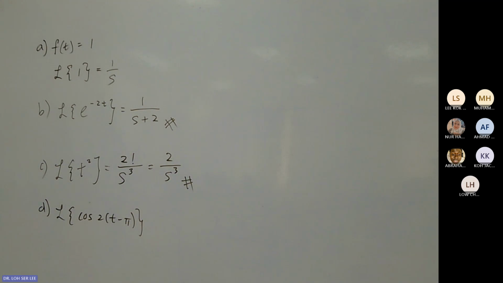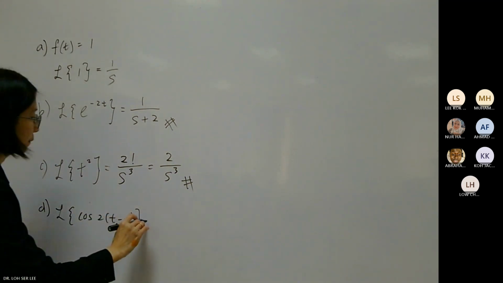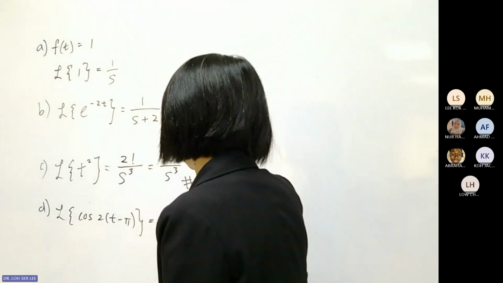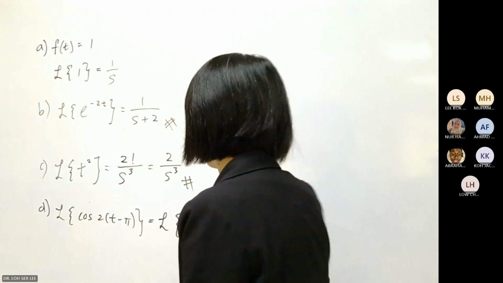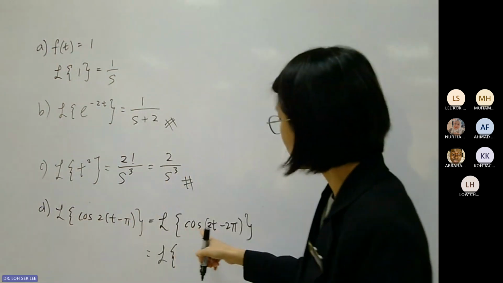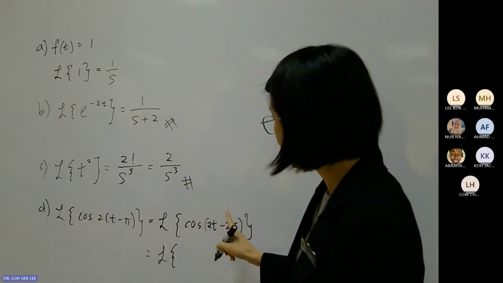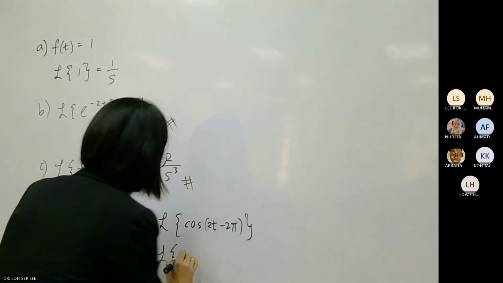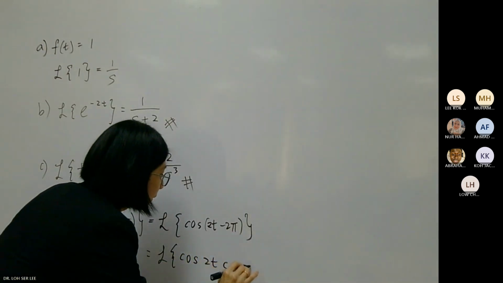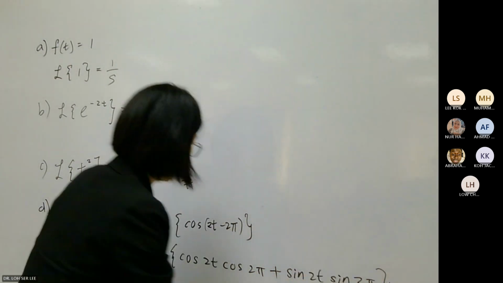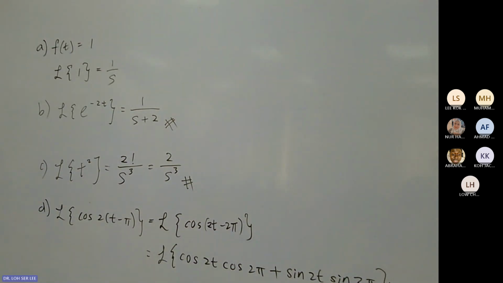We have to expand using the identity of the trigonometric function. cos(A minus B) is cos A cos B plus sin A sin B. The identity will be given in the final exam, so you just need to know how to use the identity.